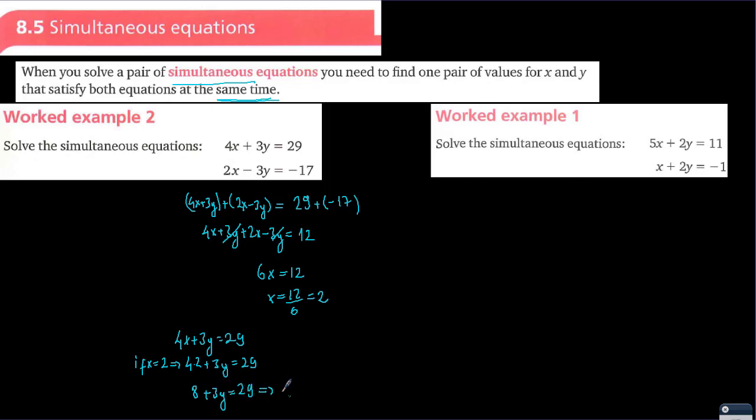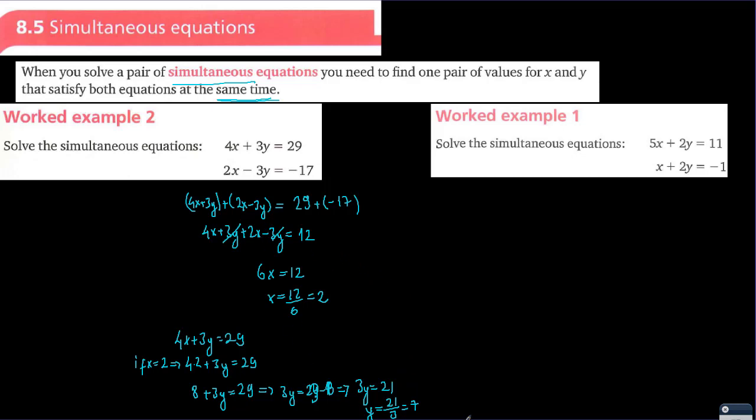If I continue to this side, 3y is equal to 29 minus 8, which is 21. Here this is 29. Okay, so y is going to be equal to 21 over 3, which is equal to 7.